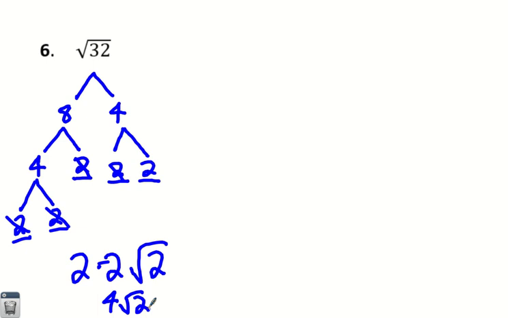If you're doing it my way, you're looking to break it up one time, right? And you want to break off the largest perfect square that there is in 32. This is why I'm doing this example on this review page, right?